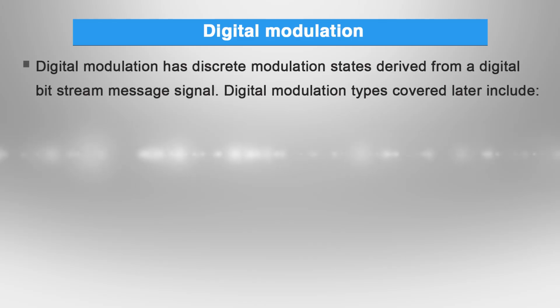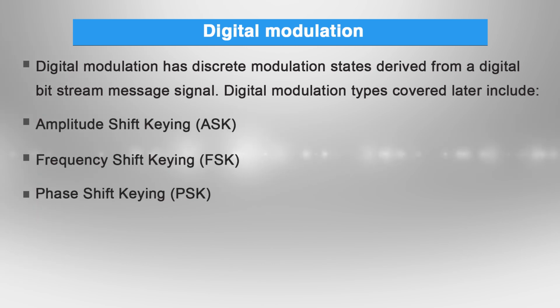Second type of modulation is digital modulation. Digital modulation has discrete modulation states derived from a digital bit stream message signal. Digital modulation types covered later include amplitude shift keying ASK, frequency shift keying FSK, phase shift keying PSK.